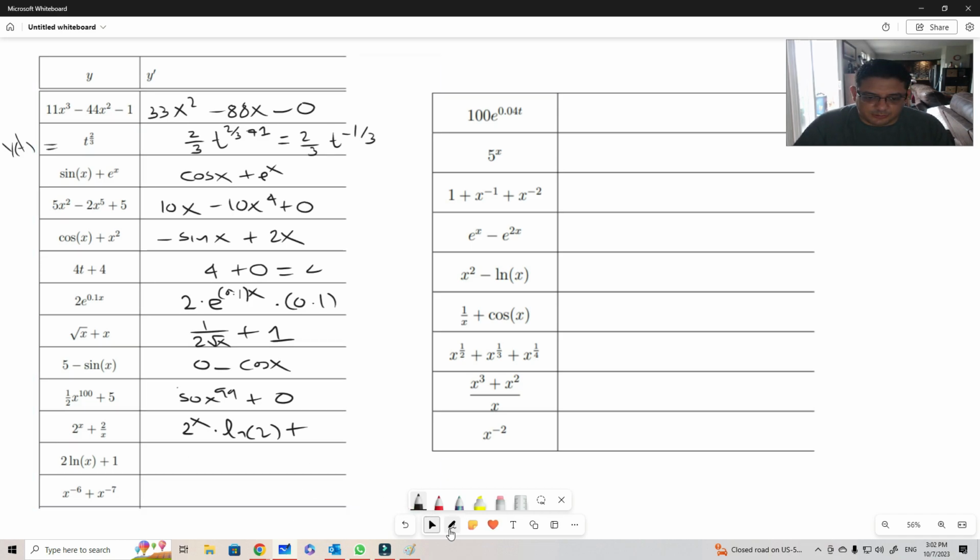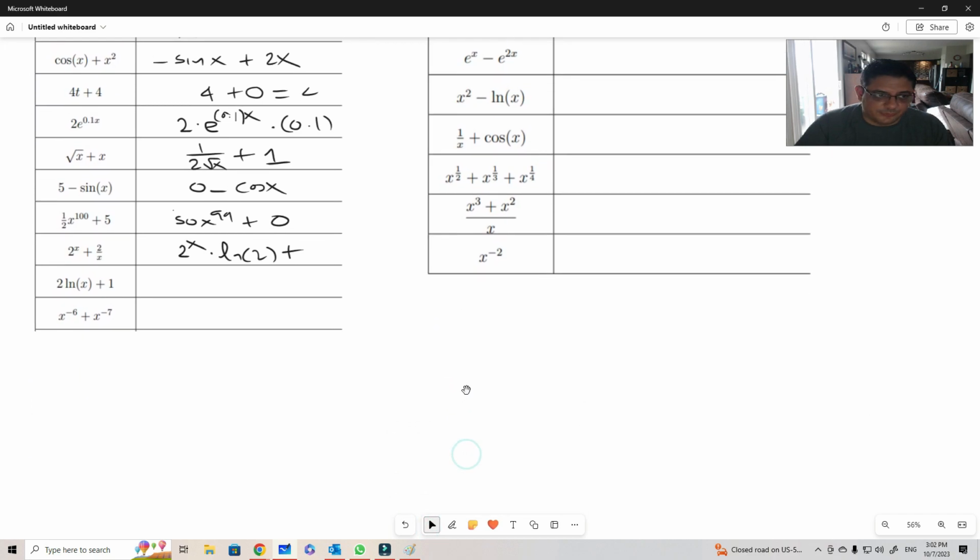So let me go below and actually show you how to deal with that one. So we have 2 over x. We can see this as 2 times 1 over x, and we can see 1 over x as x to the minus 1 according to our rule of algebra. Okay.